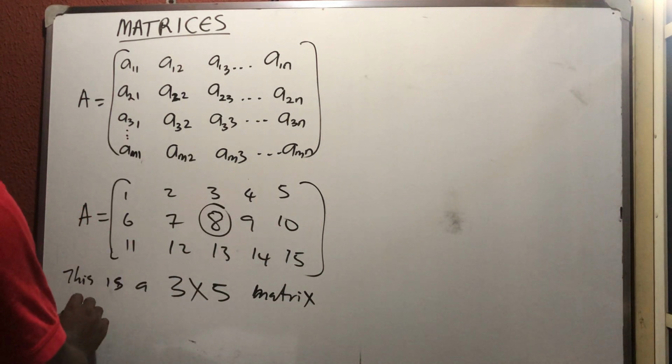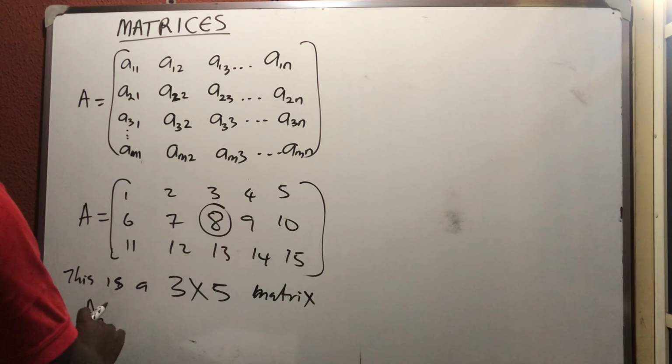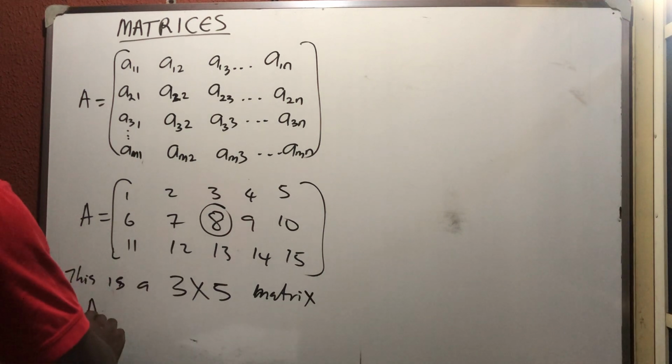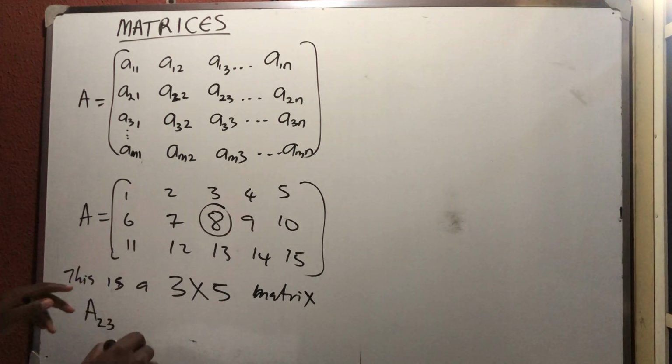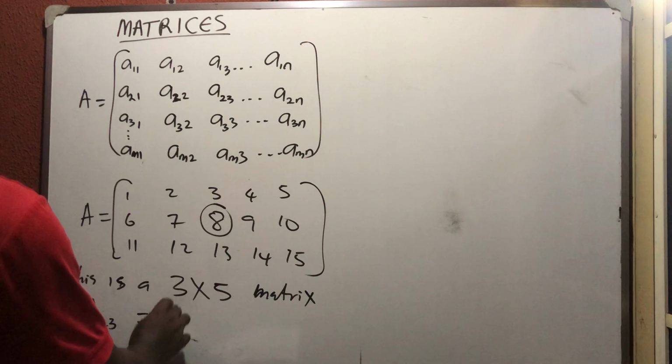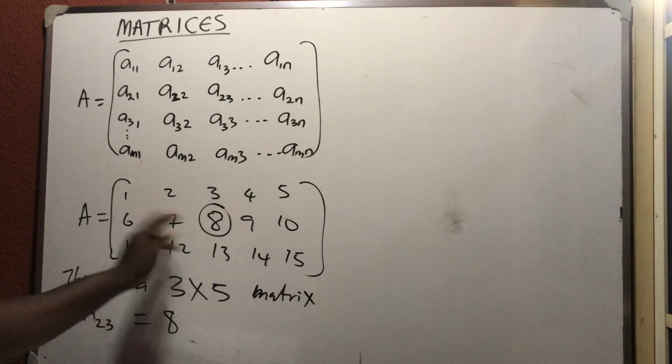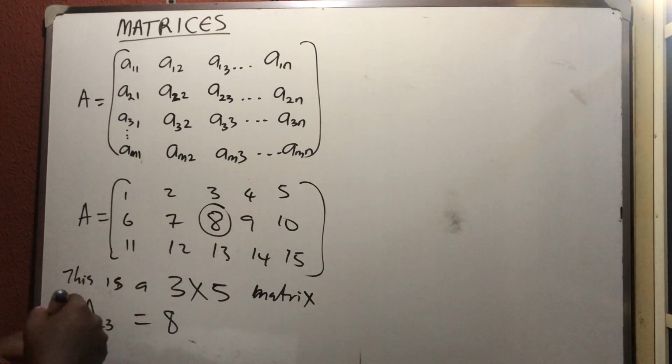So 8 is A23. Why? Because 8 is in the second row, but the third column. Okay, so that is how to identify that.